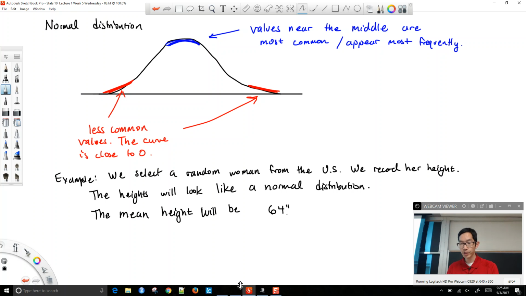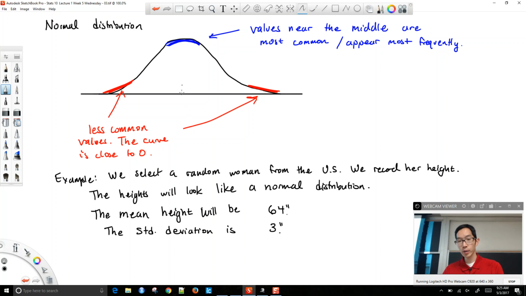And the standard deviation, just for simplicity, we'll say is 3 inches. So we'll say the mean height is 64, the standard deviation is 3.